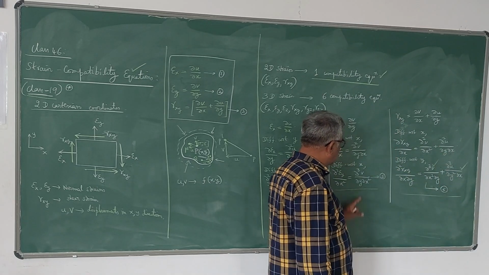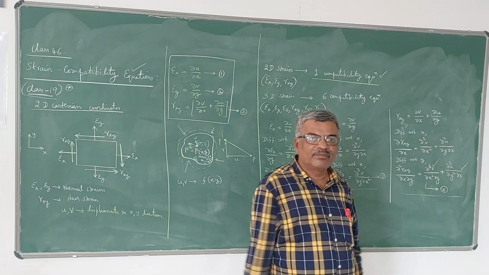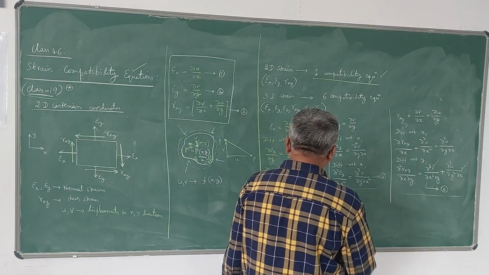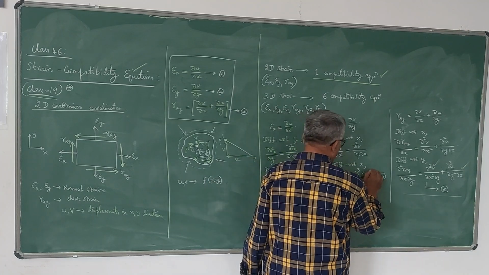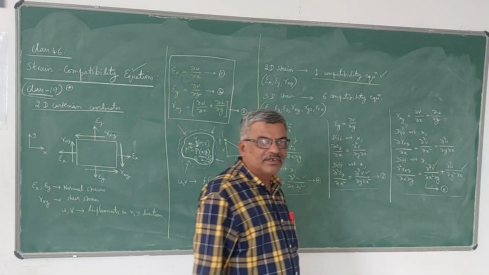Whether it is ∂y∂x² or ∂x²∂y, they are same irrespective of the order. So if you add these two LHS, and if you add the RHS, you are going to get the RHS of the third equation.